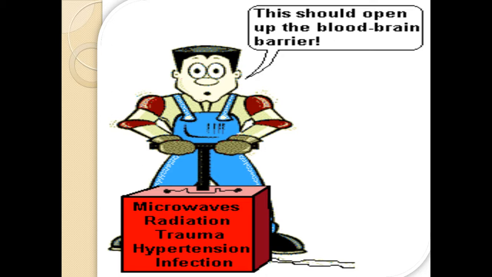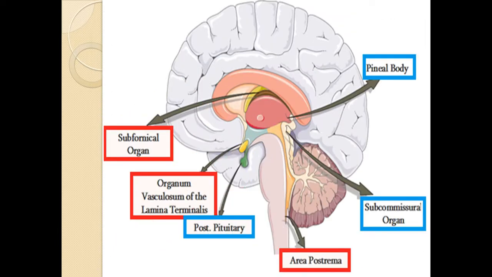We have certain structures in the brain that lack the blood-brain barrier. They are the pineal body and the posterior pituitary gland, the subfornical organ, the organum vasculosum of the lamina terminalis, and the subcommissural organ. Why do these structures lack the blood-brain barrier?